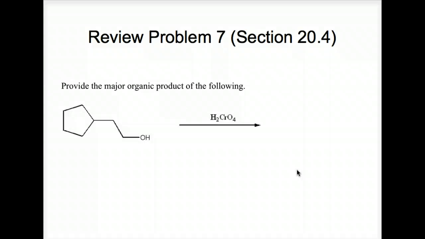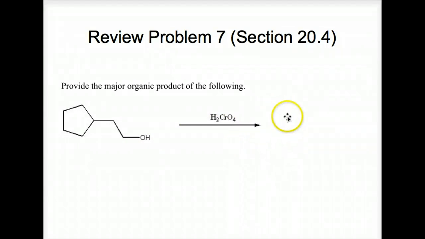Okay. Problem number 7. Provide the major organic product of the following. Okay, here we have a primary alcohol, and we have our oxidizing agent, chromic acid, here, and we're going to form a carboxylic acid ultimately. It's actually a two-step process.